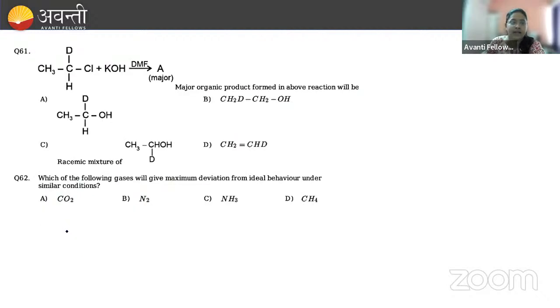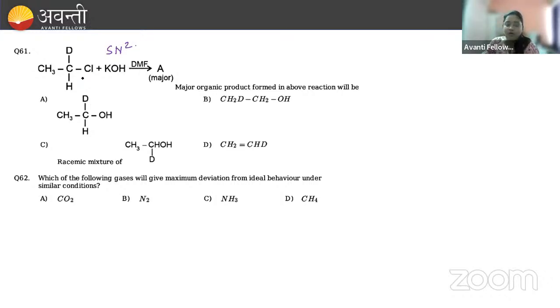Next, problem 61. What will be the major product for this given reaction? This reaction follows the SN2 mechanism.